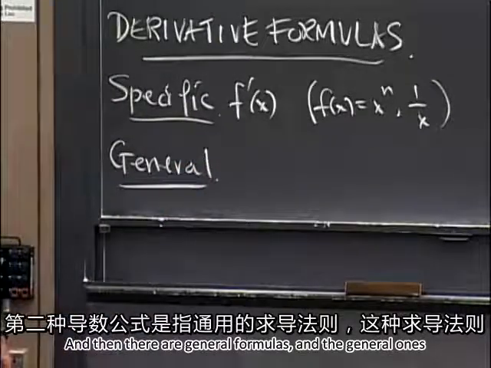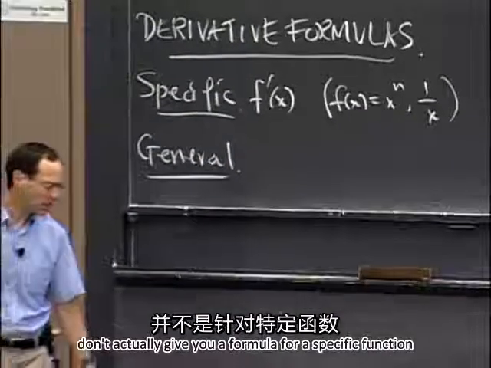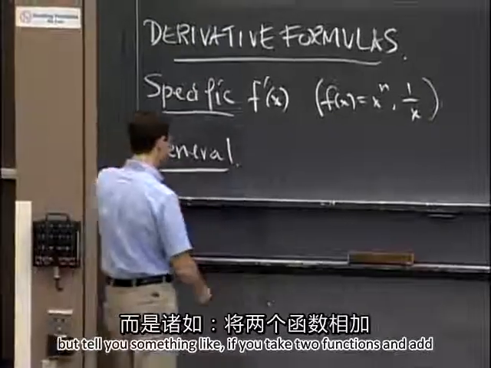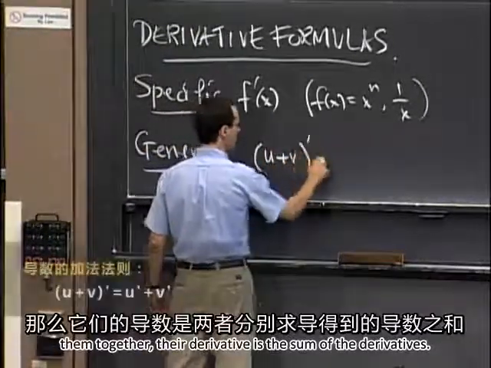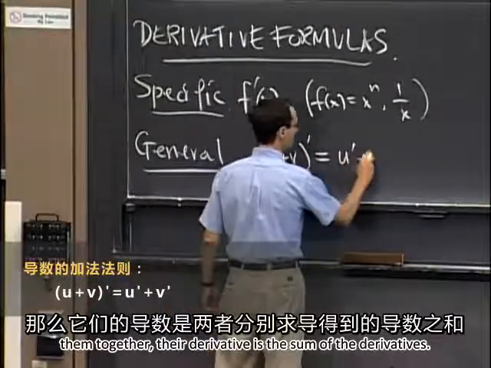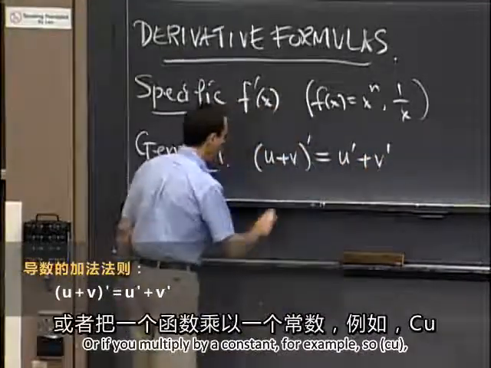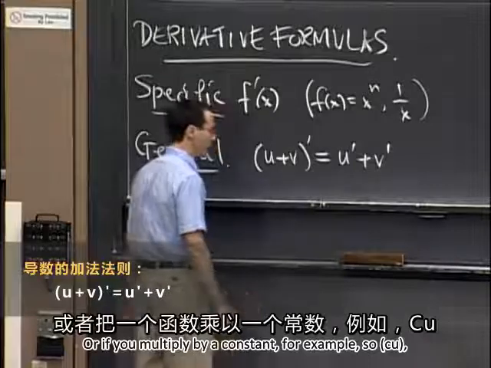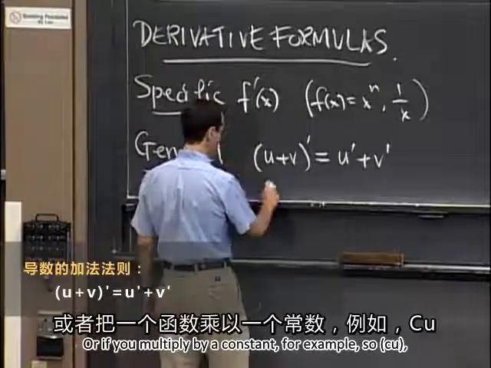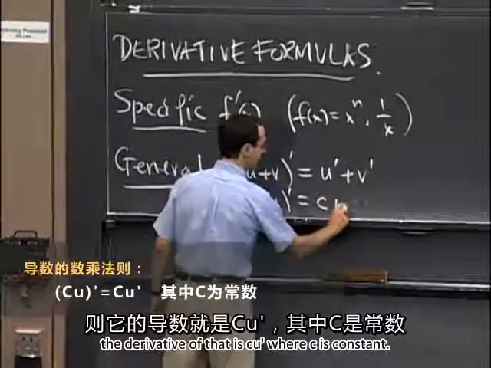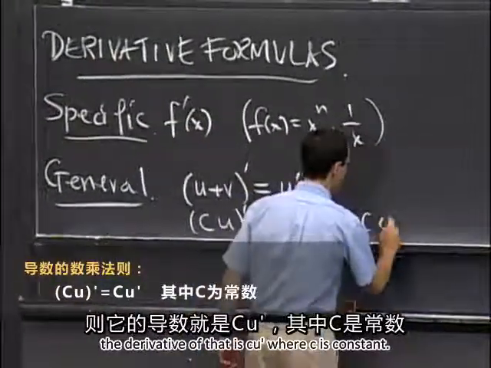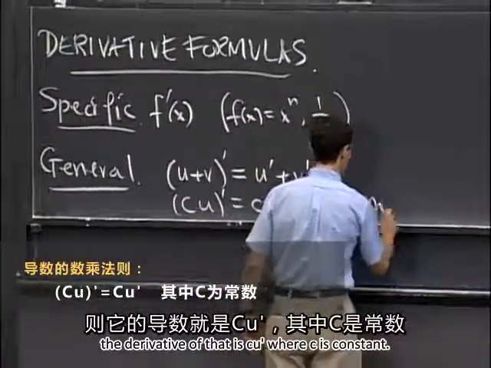And the general ones don't actually give you a formula for a specific function, but tell you something like if you take two functions and add them together, their derivative is the sum of the derivatives. Or if you multiply by a constant, for example, c times u, the derivative of that is c times u prime, where c is constant.